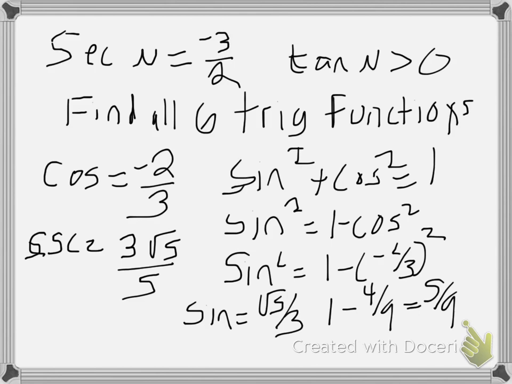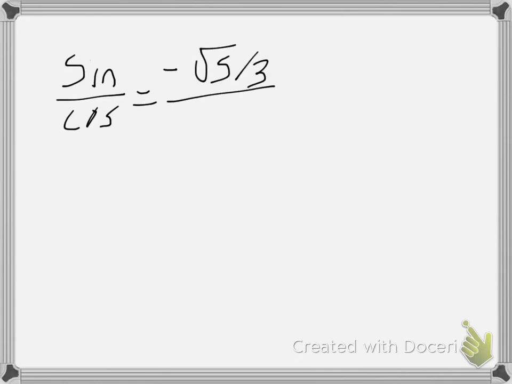Well, the tangent is just simply the sine divided by the cosine, right? So my tangent is just simply going to be negative root 5 over 3 divided by that cosine that we found of negative 2/3, which ends up being root 5 over 2.